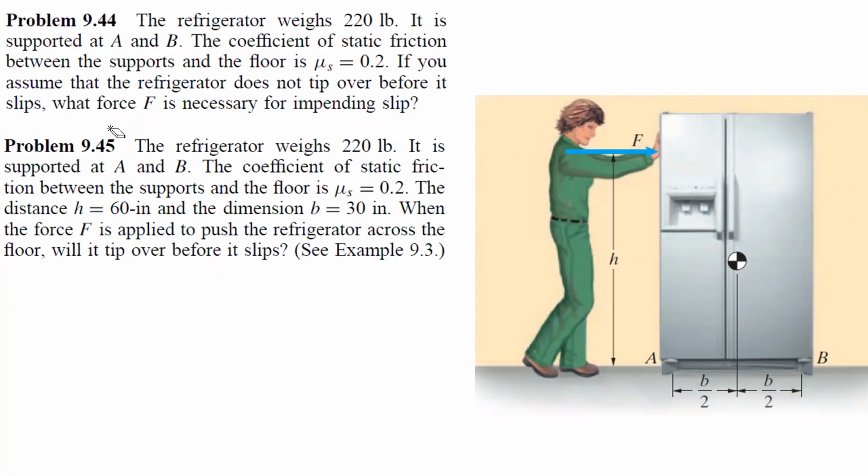If the F that we give is big enough to cause it to slip, whether it will slip and move to the right, or it will tip over. What I mean by tip over is instead of slipping, it will rotate like this, rotate and drop like that. That's the second question.